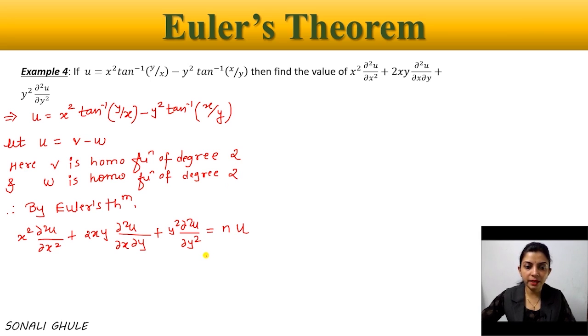So what is the value I can write? N into, what is our u? Just a minute. This is a formula for first order relation. We have to write here n into n minus 1 into u. Okay, so just erase.